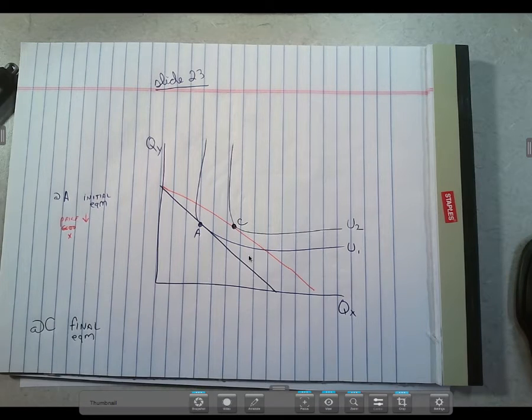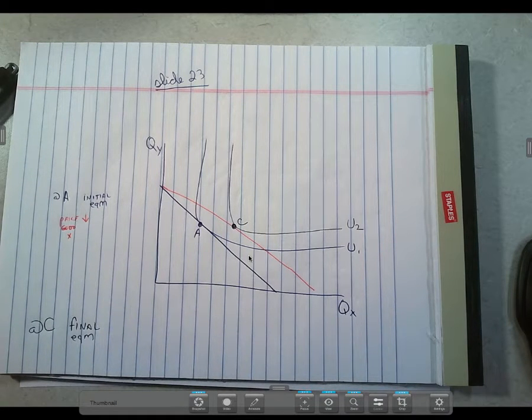What we're trying to do in slide 23, though, is describe the movement from A to C as being composed of two parts, the income effect and the substitution effect. Let's start first with the income effect.